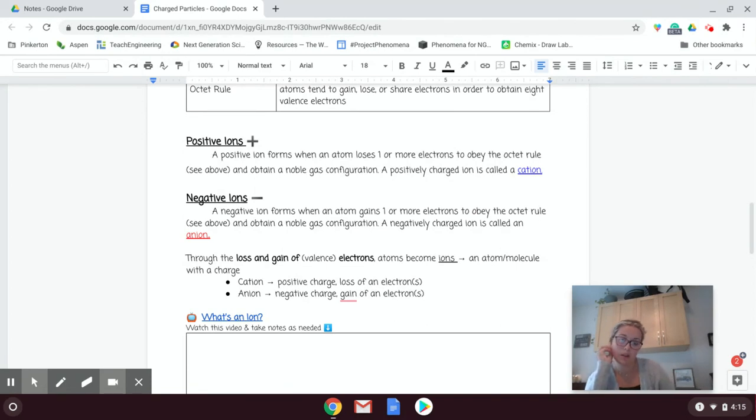Just remember, it's kind of not natural to think about it this way, but if you're losing an electron, you're going to have a positive charge. And if you gain an electron, you're going to have a negative charge. So you just need to think about it that way.